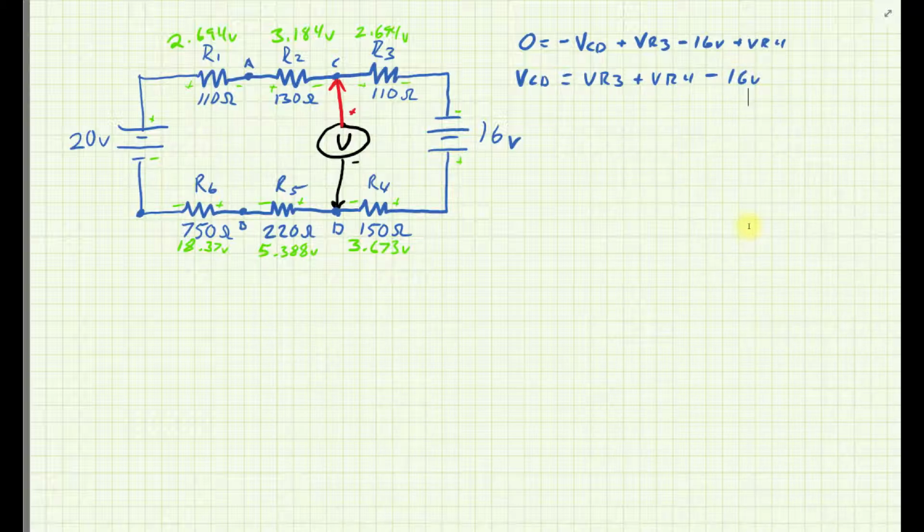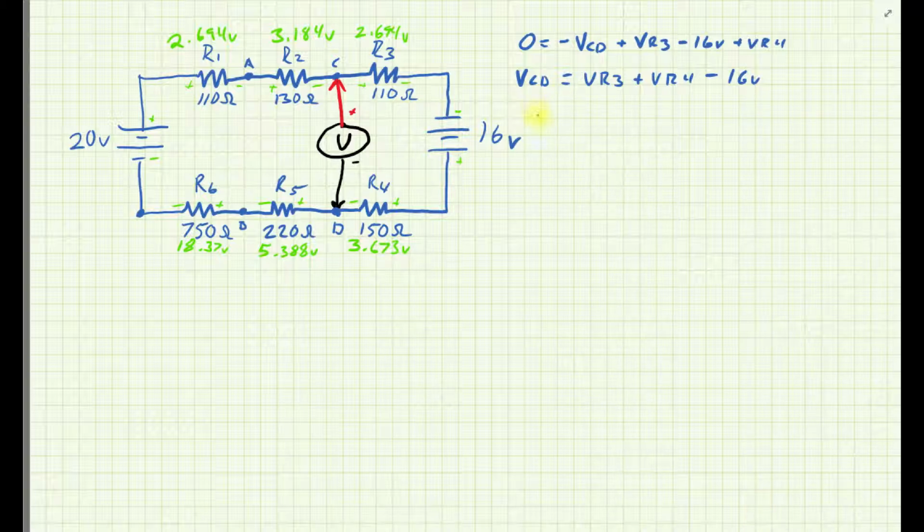Like I said, if I put my leads just like that, as if I was measuring VCD, double subscript notation, and I get a negative number, it tells me that my polarity from C to D is in fact negative, and I would see that on my meter if I was to measure it.